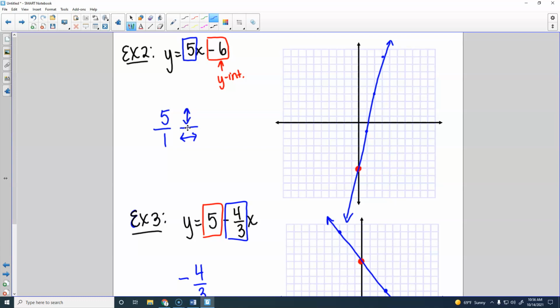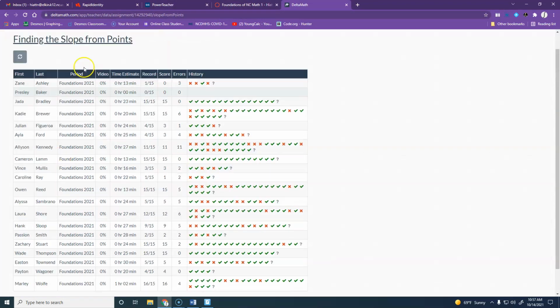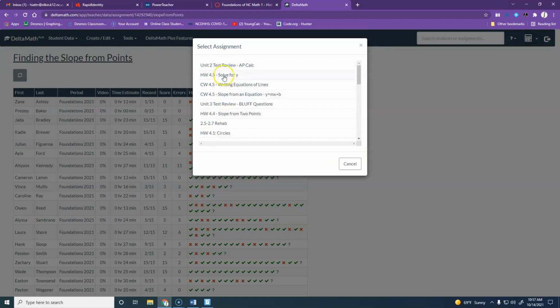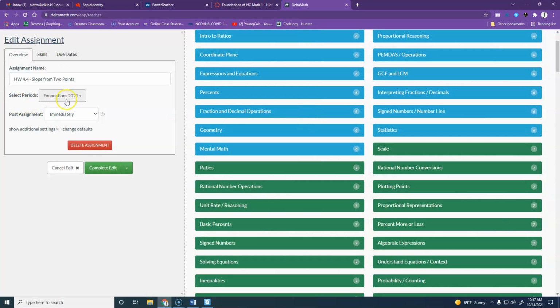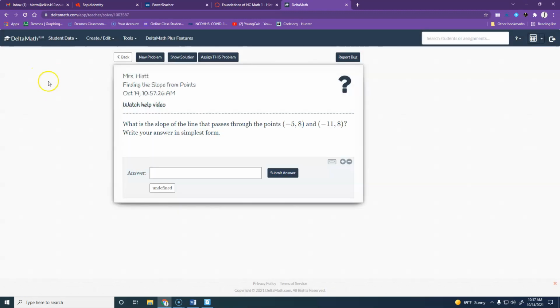Okay, so if you have not finished the 2 points, I do want you to get a lot of practice with that, but I don't want you to spend all day on it, so I am going to adjust that assignment. Instead of 15, let's do 10 on that.